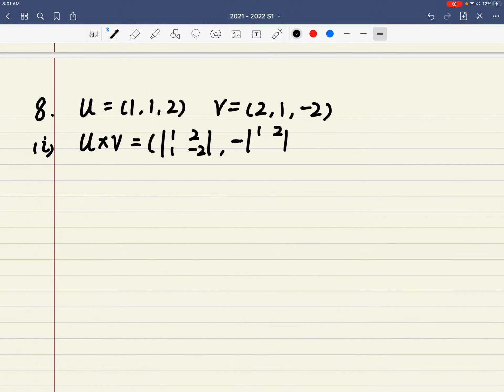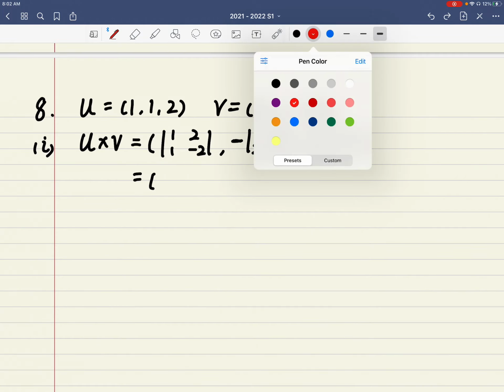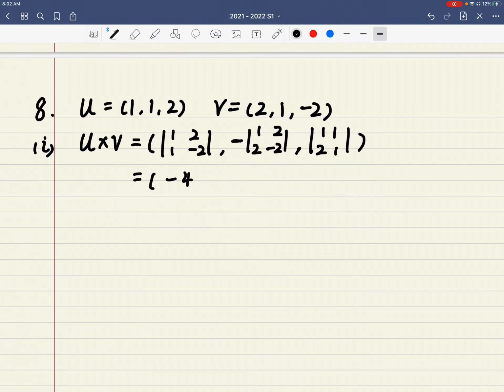And for the last component, we do the same thing. So this is going to be 1 times negative 2 minus 1 times 2, so it's negative 4. Here it's going to be negative negative 6, so it's 6. Here it's 1 minus 2, it's negative 1.